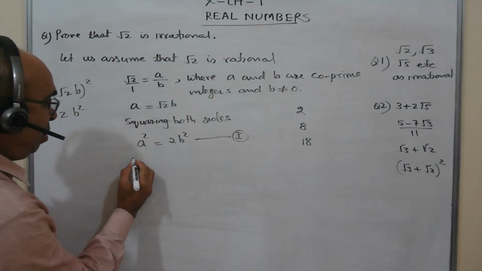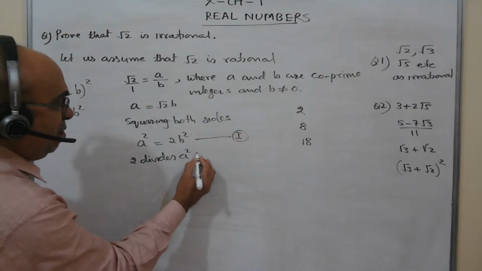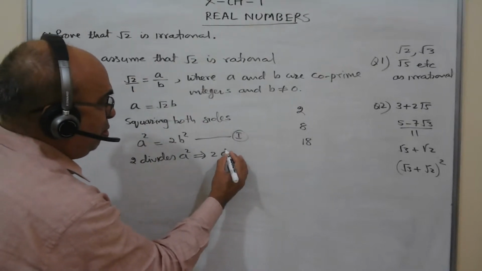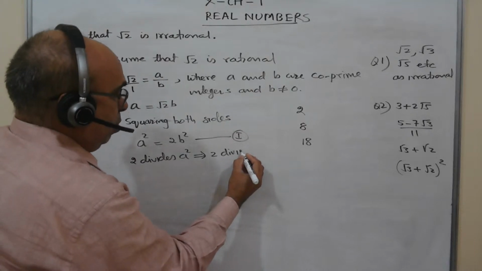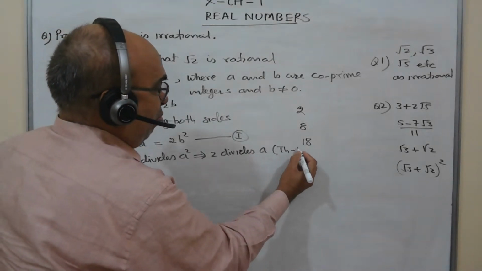So right here, 2 divides a square implies that 2 divides a, by Theorem 1.2.